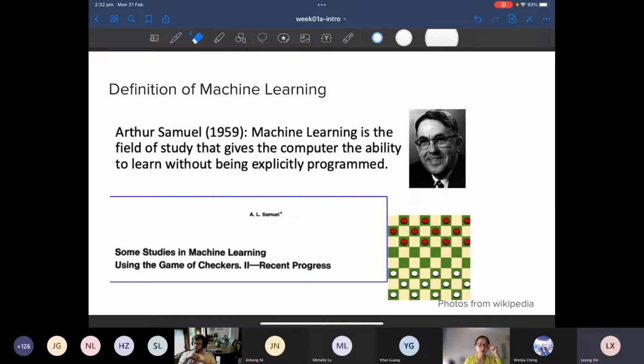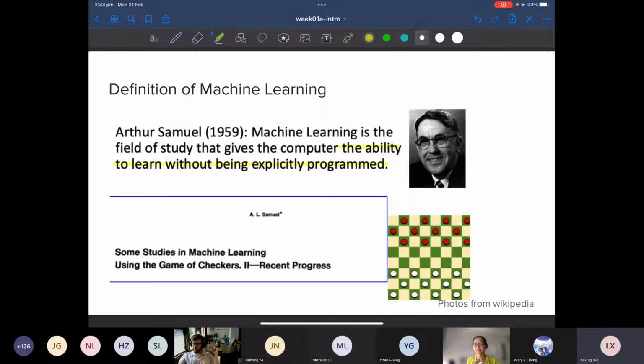We credit the first definitions, and I particularly like two of them. The first one is by Arthur Samuel in 1959. It says machine learning is the field of study that gives the computer the ability to learn without being explicitly programmed. Being in this class, I'm sure you know what being programmed means.